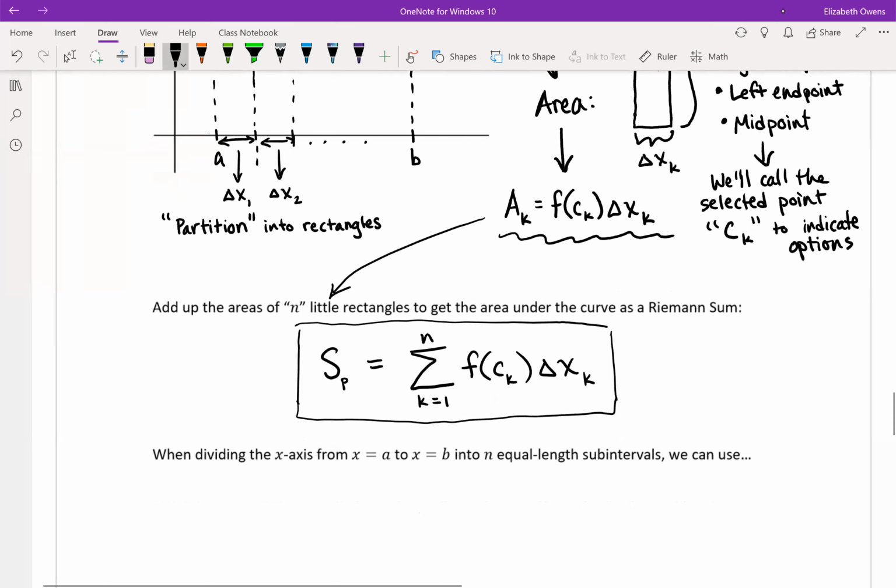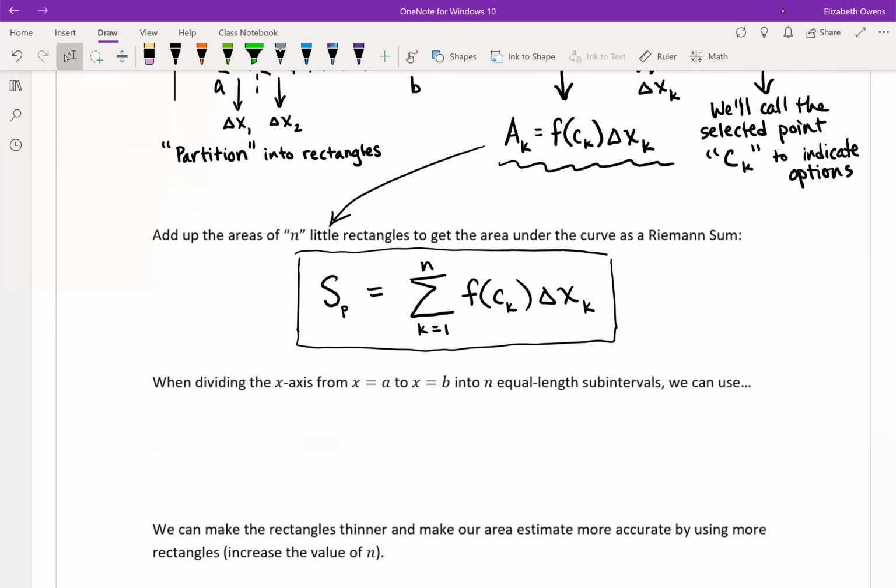Now we want to look at some more detail on those different pieces of the area formula, because there are some default settings that we work with for these Riemann sums in general. The first one deals with the delta x term. When dividing the x-axis from x equals a to x equals b into n equal length subintervals, we can use a certain formula.